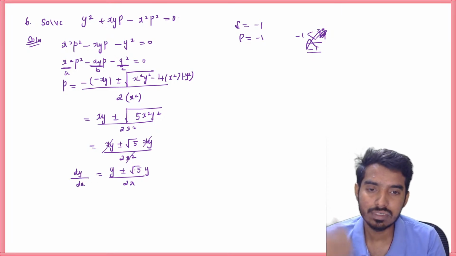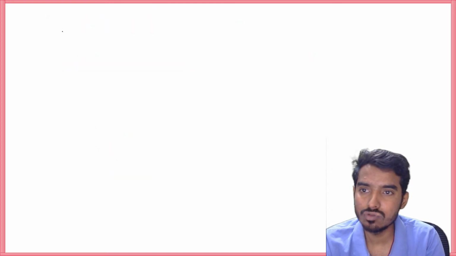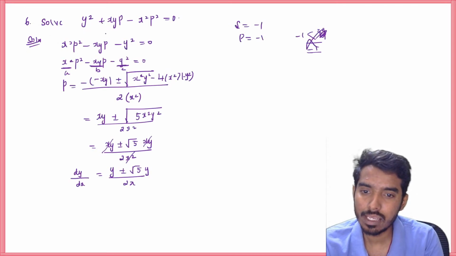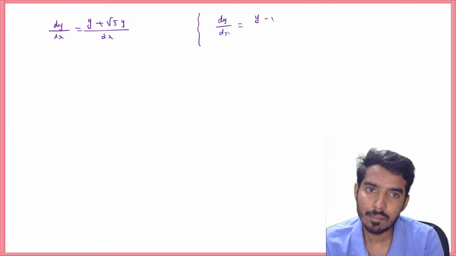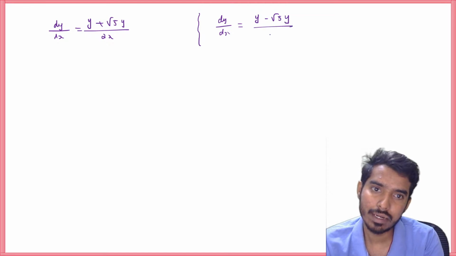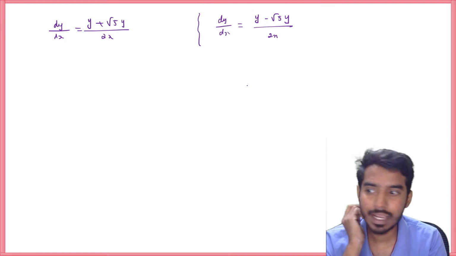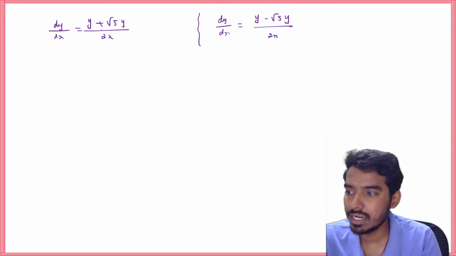So we have two terms, so we have two solutions now. dy by dx equal to y plus root 5 y by 2x, and similarly the other will be dy by dx equal to y minus root 5 y divided by 2x. Now solve these two equations and multiply them to get the complete solution. So we take this y outside.